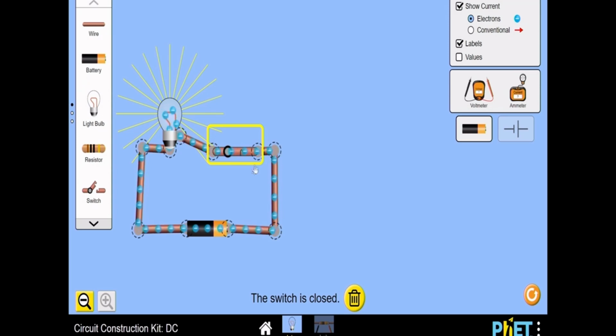As you can observe, the flow of charges, that is the flow of electrons, is from the minus terminal of the cell to the plus terminal of the cell through the wire and through the bulb, and also you can see the bulb is glowing. That means the circuit is closed and the charges are moving.